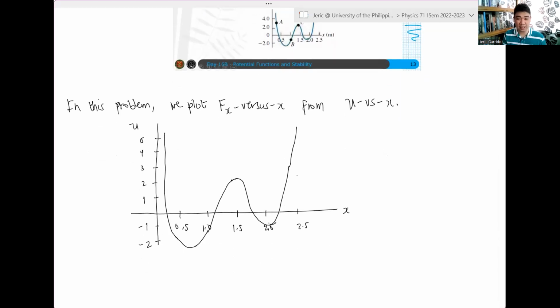Tapos yung total energy daw is at 4. So this is the total energy E equals 4.00 joules. Letter A. So una, what are the stable and unstable equilibrium points?